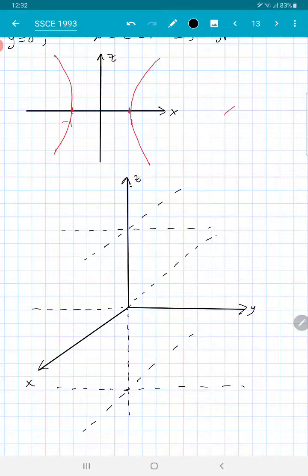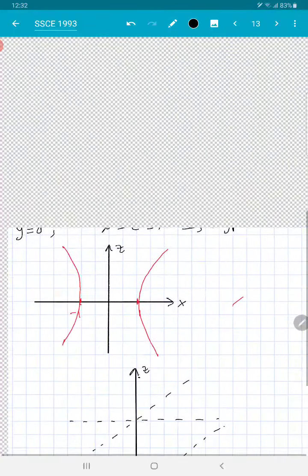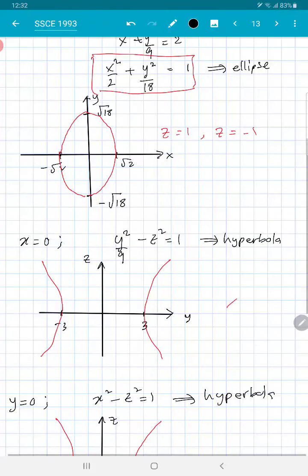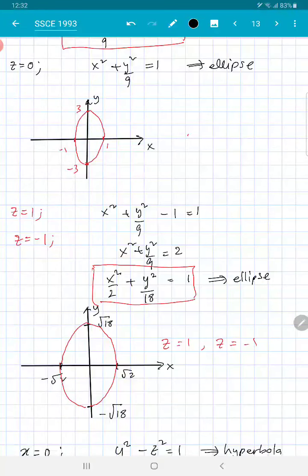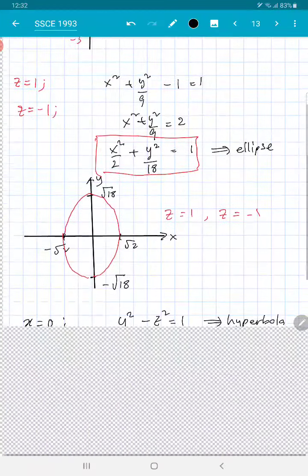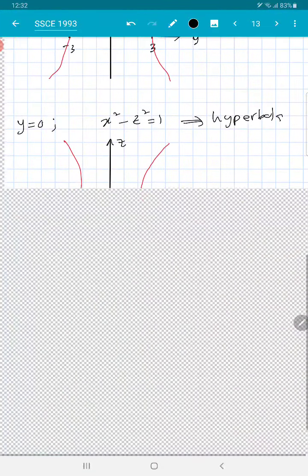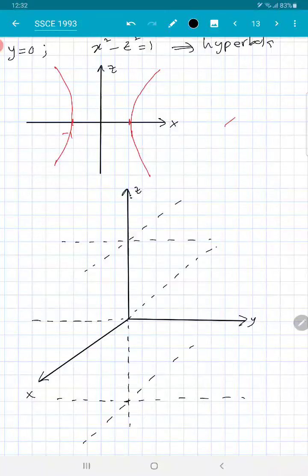All right, so on z equals 0, we have an ellipse. Where is our ellipse? Okay, here. It intersects the x-axis at 1 and negative 1, and the y-axis at 3 and negative 3. Okay, let's say this is 3, and let's say that's a 1.